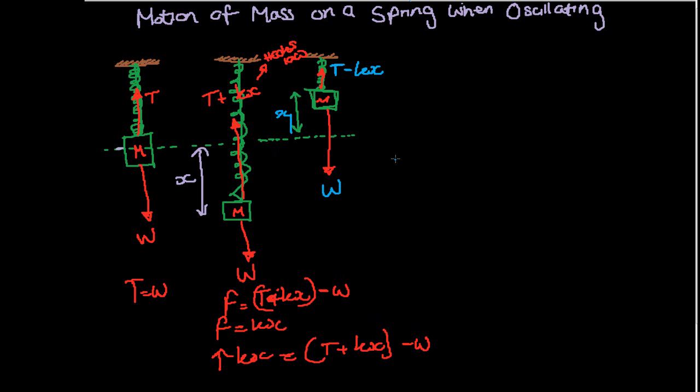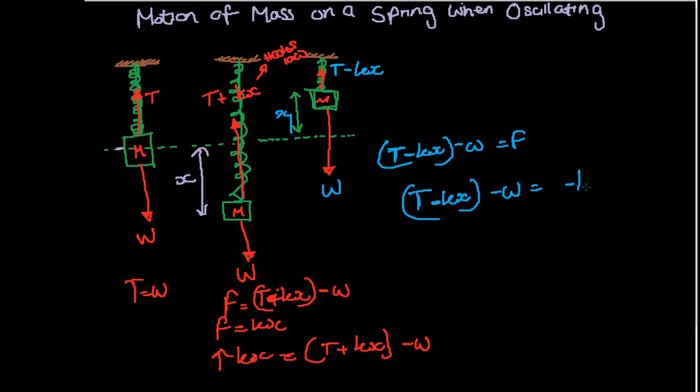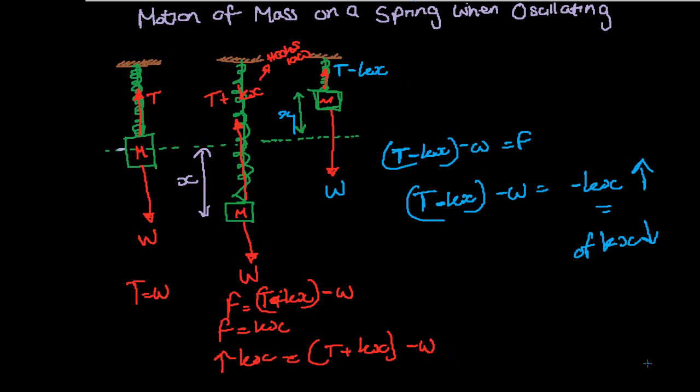So it would be T minus kx minus w is equal to F. And since we take up as positive and down as negative, the resultant force would be negative. So T minus kx minus w is equal to minus kx upwards.